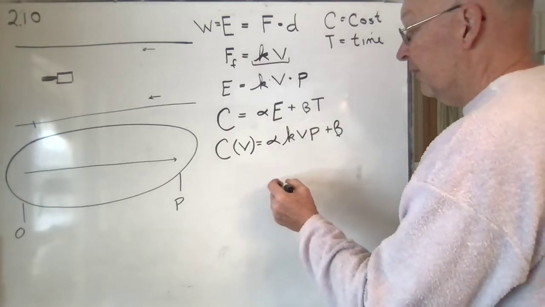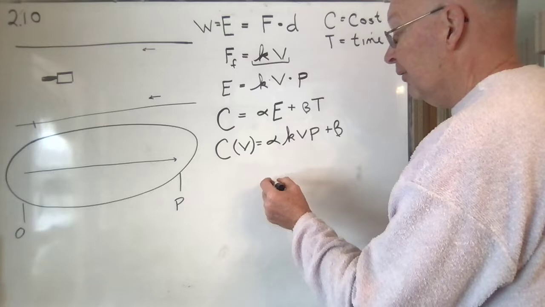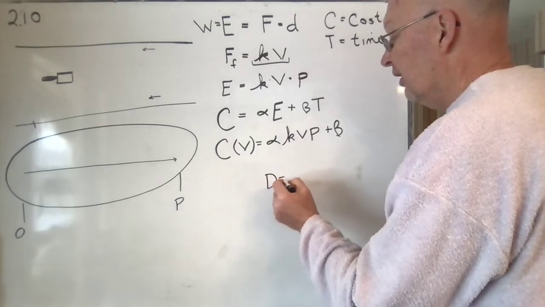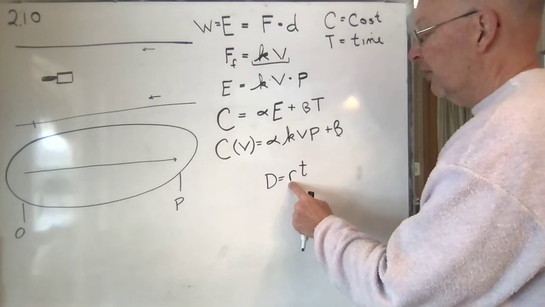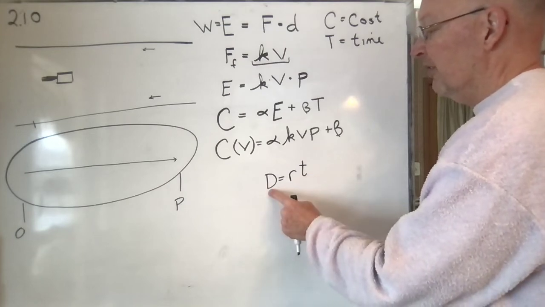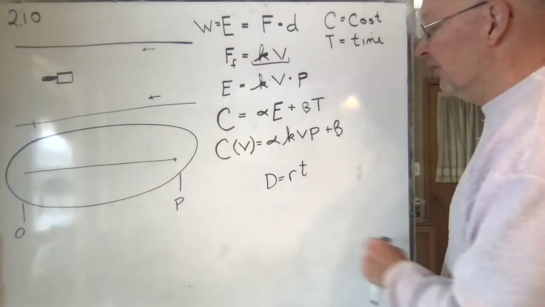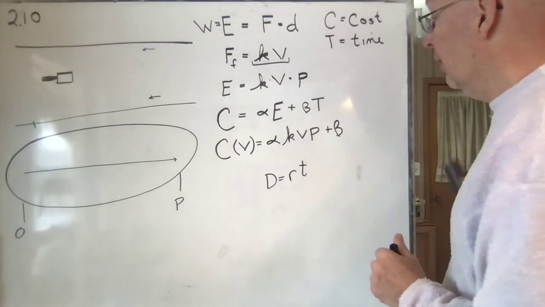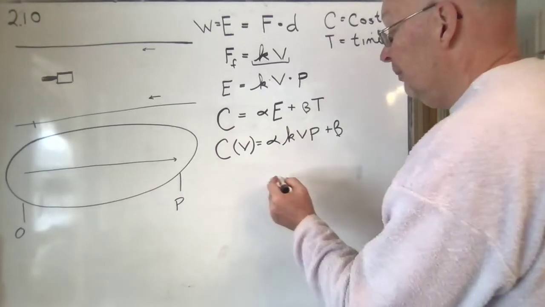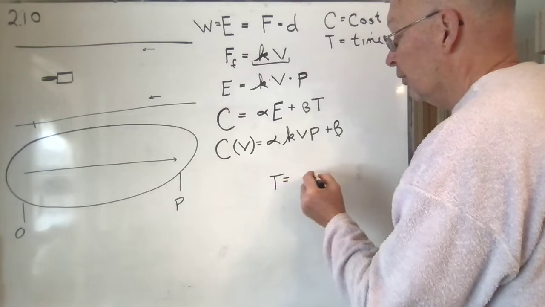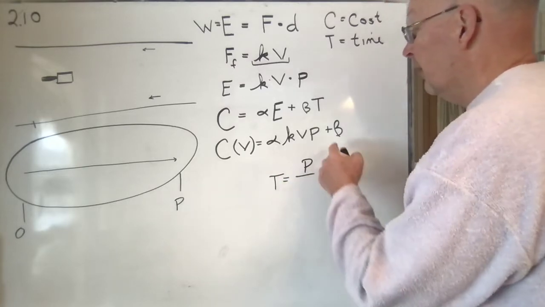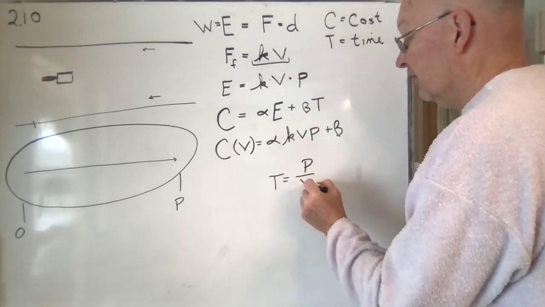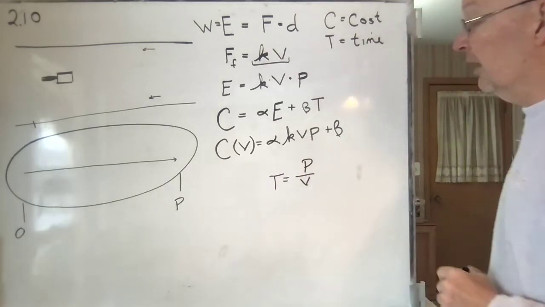And hopefully you know that. You know maybe from junior high math or something that distance is equal to rate times time, right? If you go at 20 miles an hour for 3 hours, you're going to go 60 miles, right? So distance is rate times time, which means that time is equal to the distance, which in this case is p, divided by the rate, which in this case is v, right?